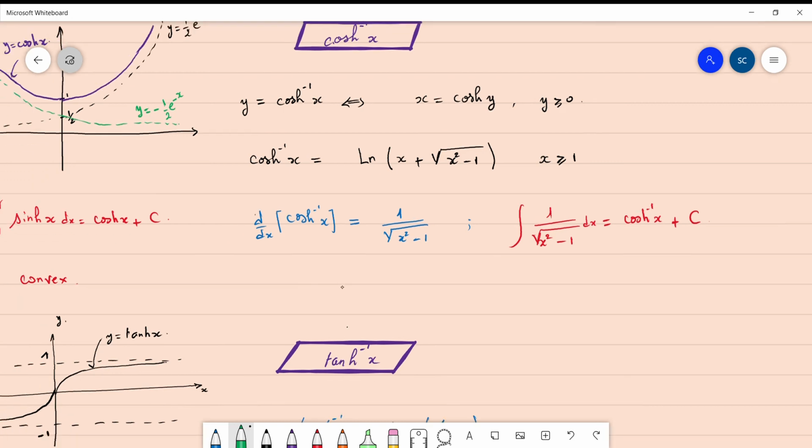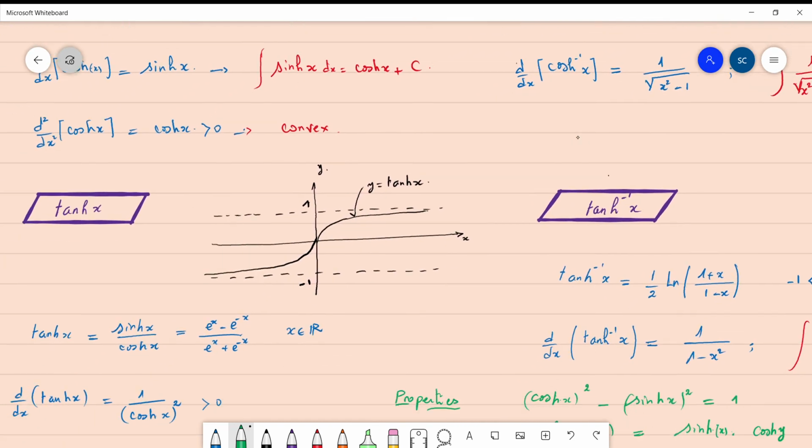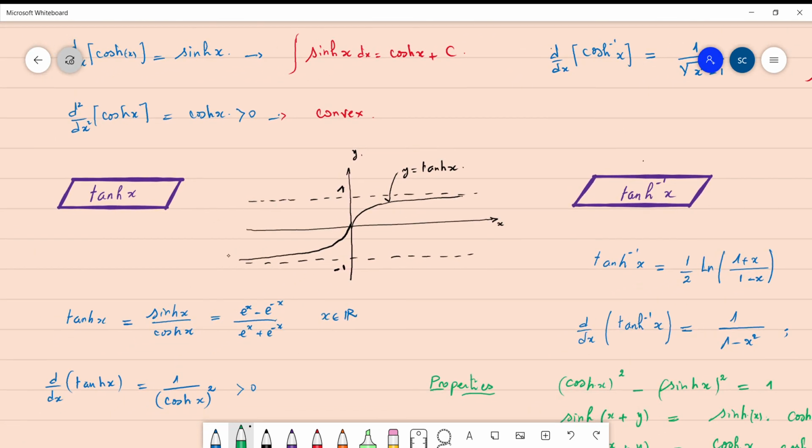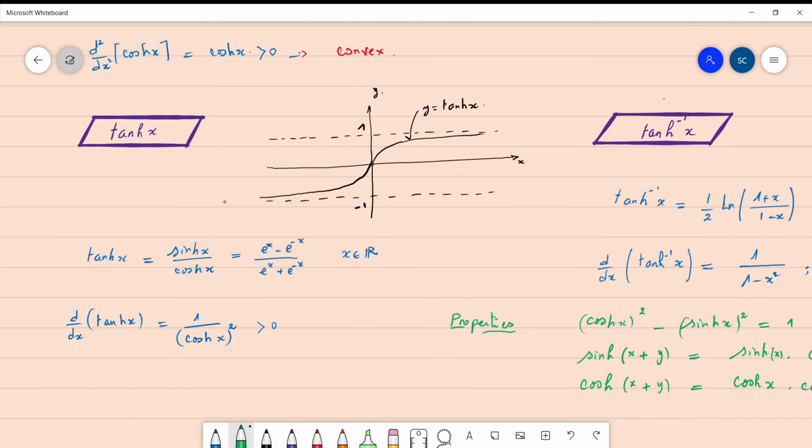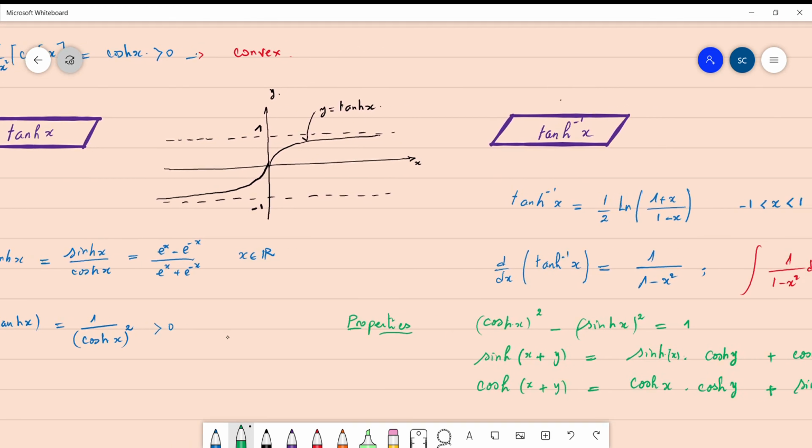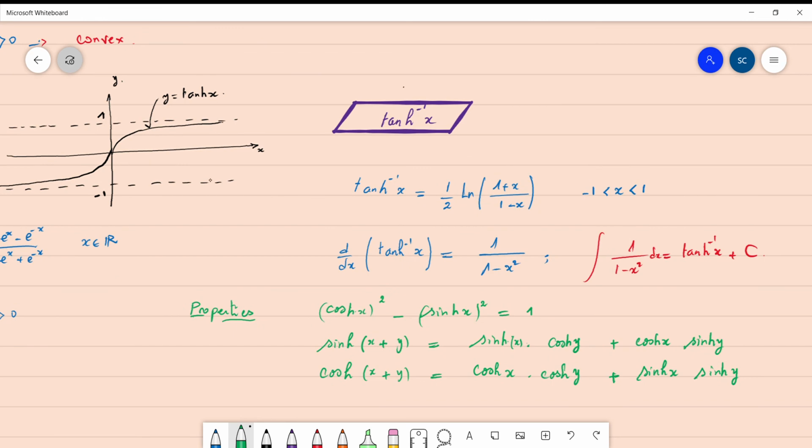And the third category is the tangent hyperbolic function, sine hyperbolic over cosine hyperbolic. The derivative is positive, so my function is increasing, so it has an inverse also. Its inverse, we show that it has this formula.